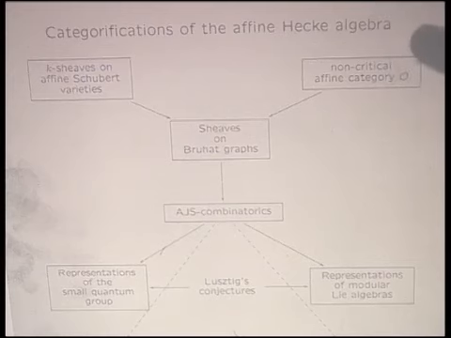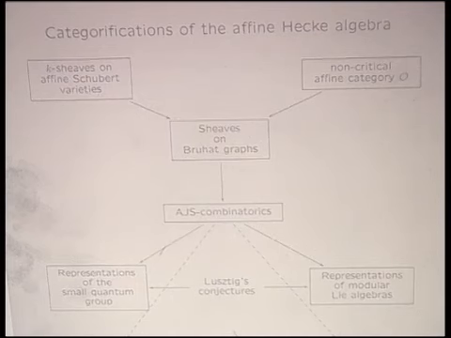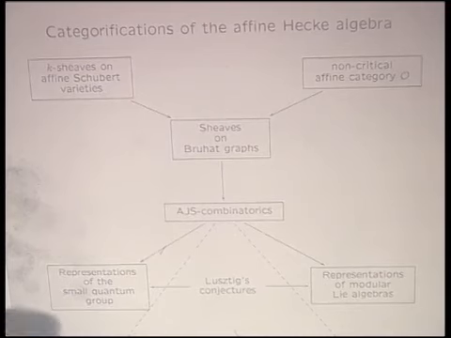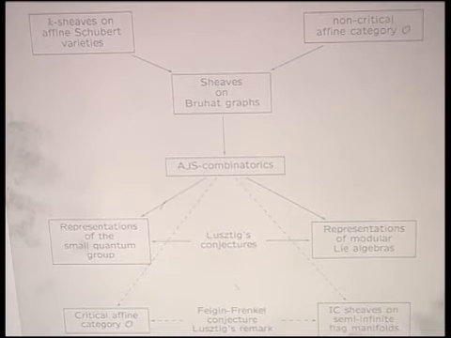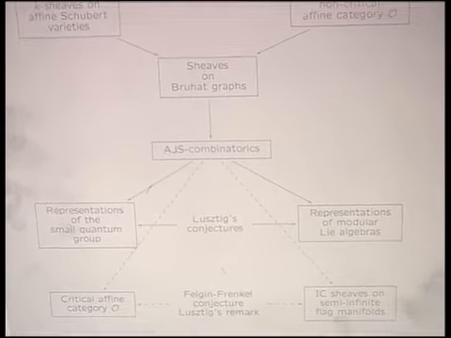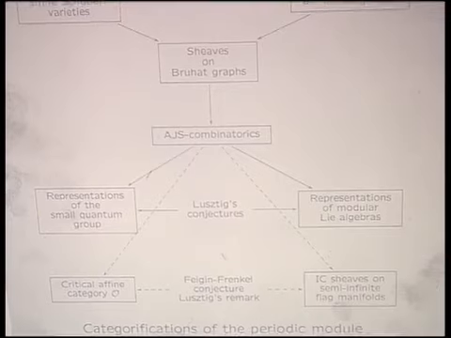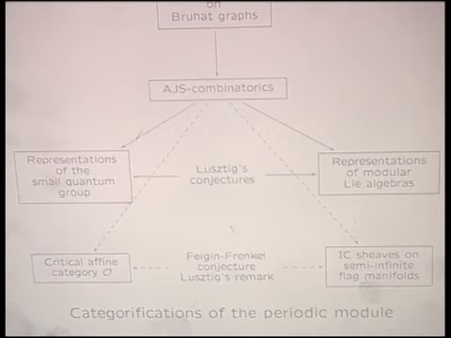All these solid arrows are already established, but there are two arrows, to the critical affine category O and to the intersection cohomology sheaves on semi-infinite flag manifolds, that are not yet established. This is an open research project, the one I mentioned with Tomoyuki Arakawa.